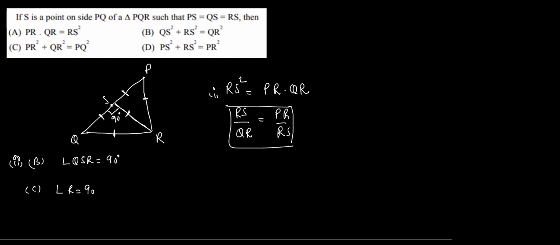Next part, option D. For option D, if you need to prove the option D, so here PS square plus RS square means square of PS square plus RS square is equals to PR square, means this one.